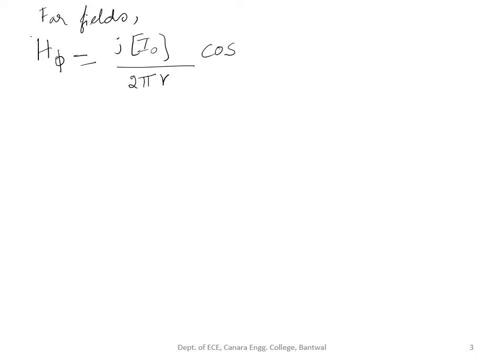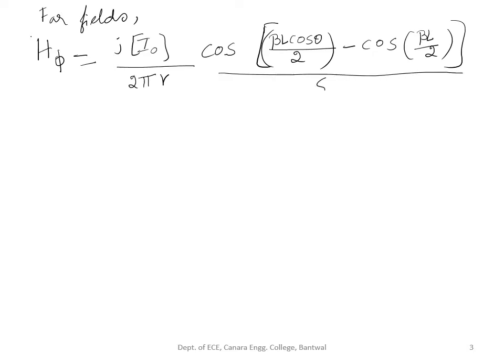Far fields for center-fed dipoles are H phi and E theta. H phi is equal to j I naught divided by 2 pi r times cos of beta L cos theta divided by 2 minus cos of beta L by 2, divided by sin theta.